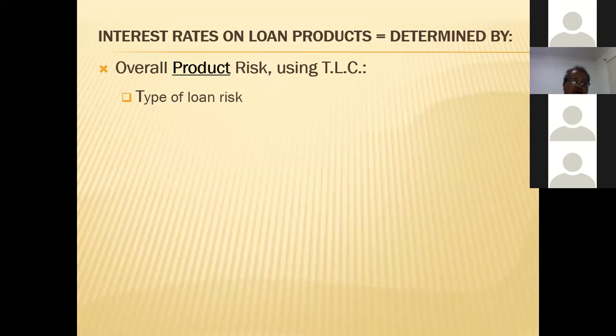Whereas on overdrafts and consumer loans, you may have interest rates of, let's say, 10 to 16%. On mortgages, you may have rates as low as 5% up to 8%.